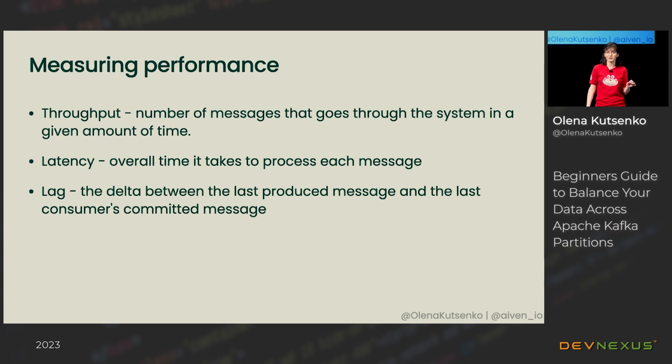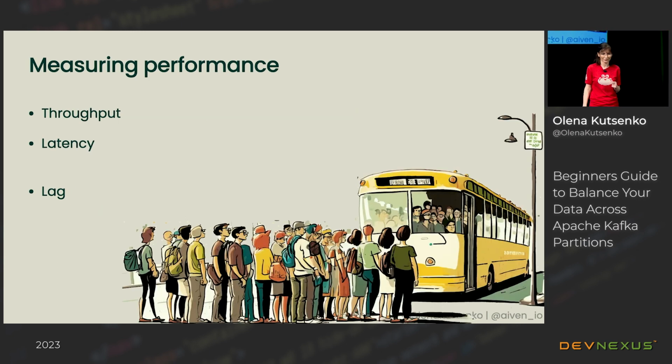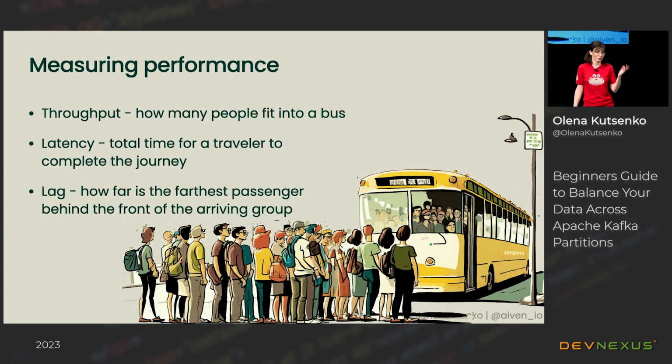This is the difference between the offset of the last produced message and the last consumer's committed message. In other words, how far our consumer is behind the producer. And we measure that in the difference between the offsets of those messages. If you are still puzzled about these metrics, I also have a very simple bus analogy where the passengers are records in the system. So throughput is how many people we can fit into the bus.